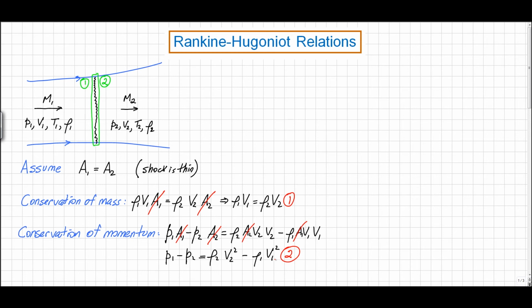Let's move on to conserve energy. So I'll move up to the top of the page. Conservation of energy. We need to look at what's happening across this shock wave. So we'll note that we will treat the flow as adiabatic.